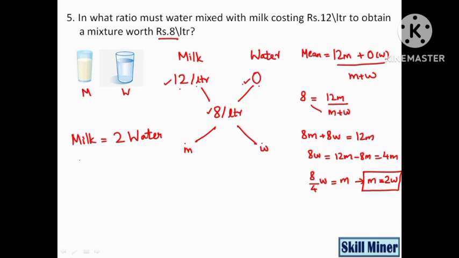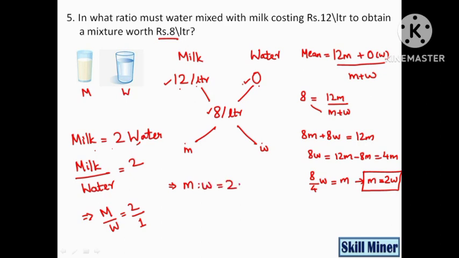So taking this water into the denominator, milk divided by water is equal to 2, which implies the ratio of milk and water is 2 by 1, which implies m is to w as 2 is to 1.